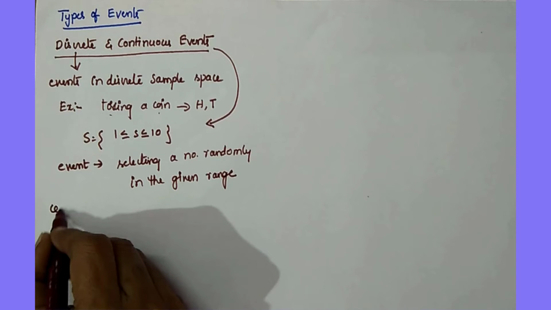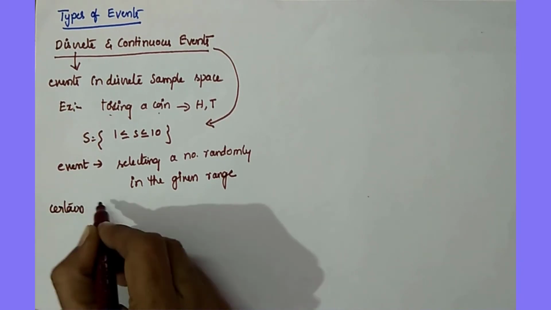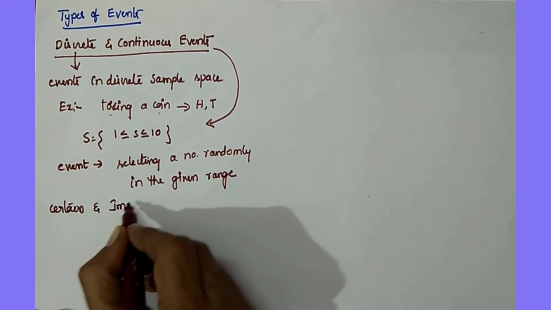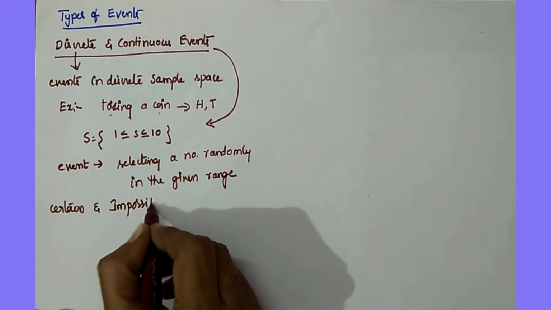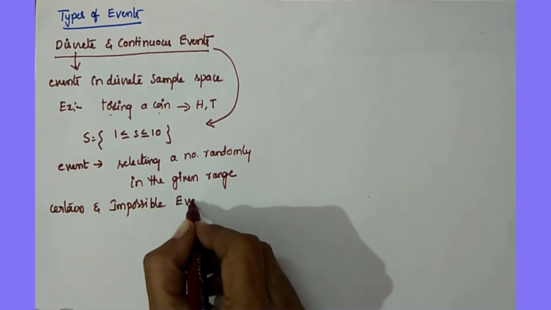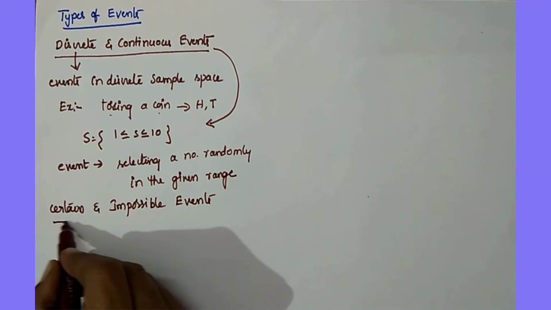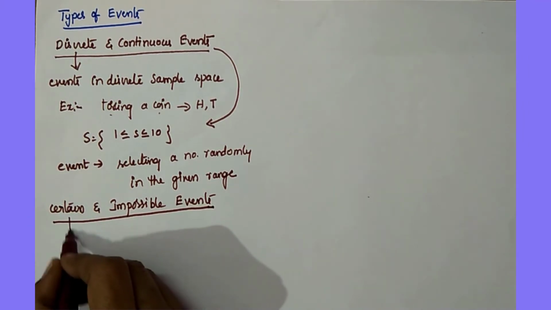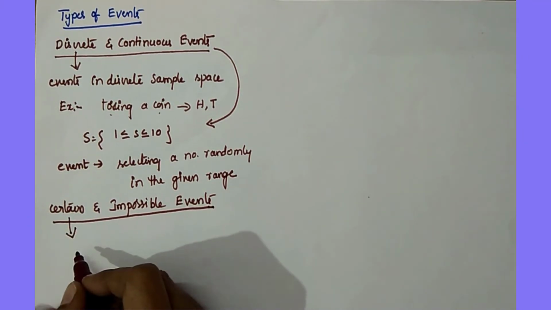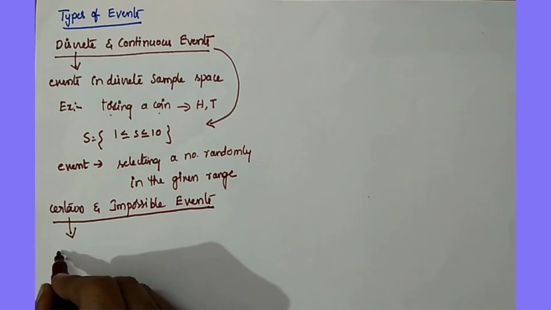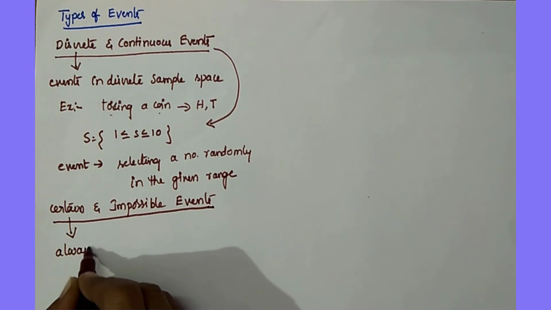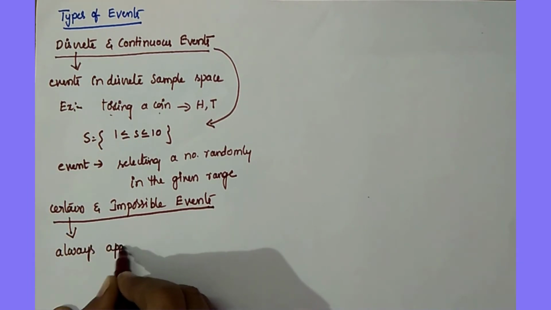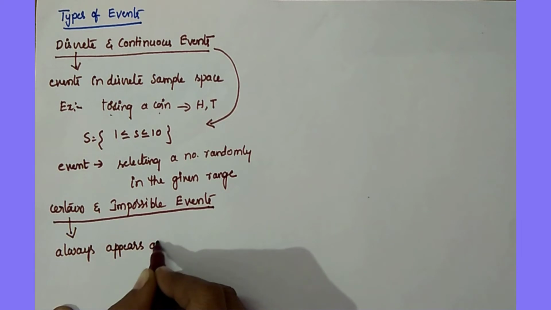Next, certain and impossible events. What is meant by certain event? An event is said to be certain, then it always appears as outcome.